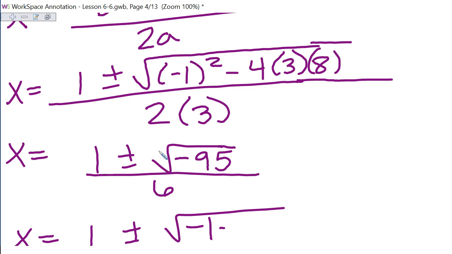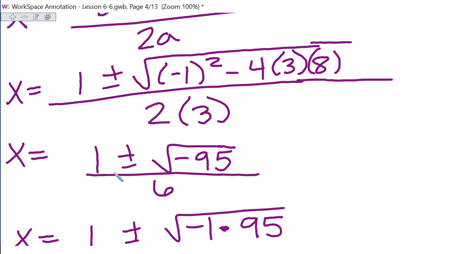Does 16 work? 16 times 6 is 96, so 16 wouldn't work. Would 25 work? Would 36 work? Would 49 work? Would 64 work? Would 81 work? No. So is there a perfect square for 95? No. So it's just -1 times 95.